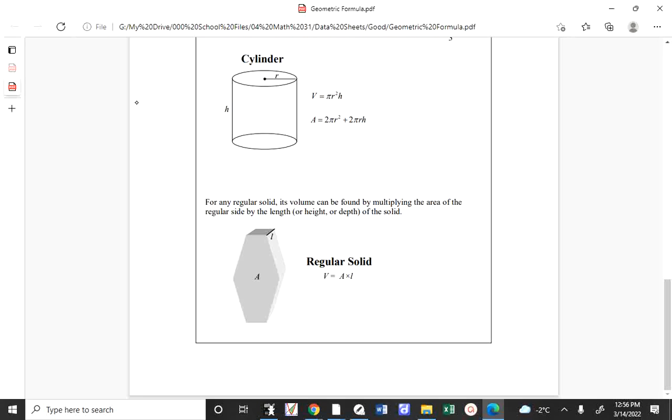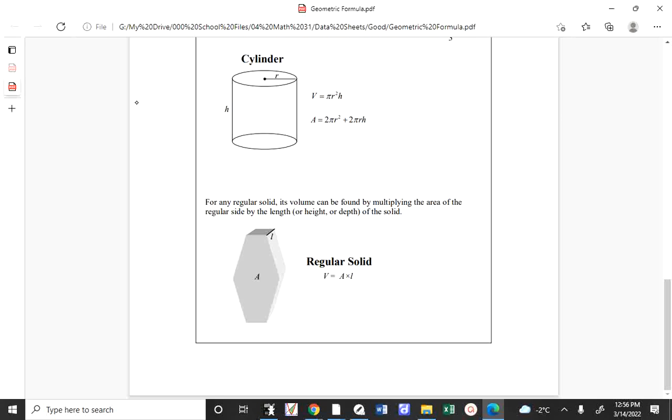It's going to be that shape. And the volume of a regular solid is always found by taking the area of the shape that's the same throughout and multiplying by the height or the length or the depth. I mean, it depends on which angle you're looking at this thing at.